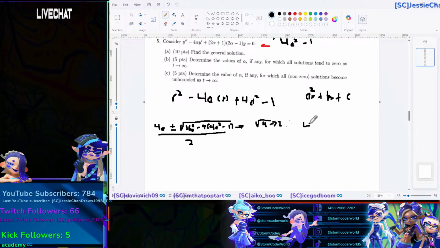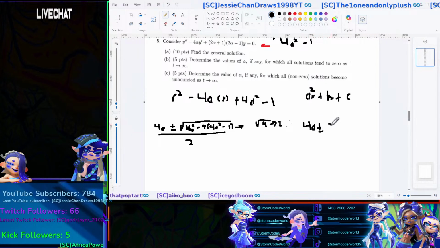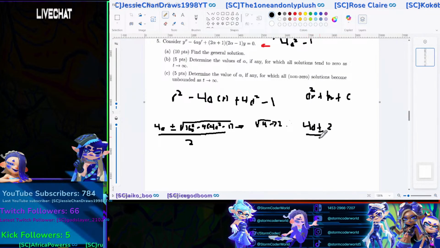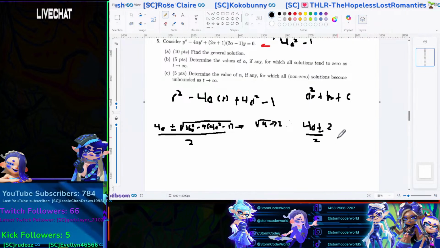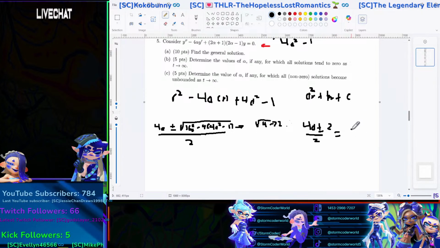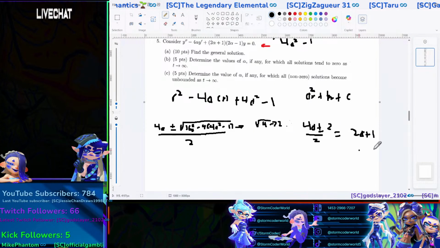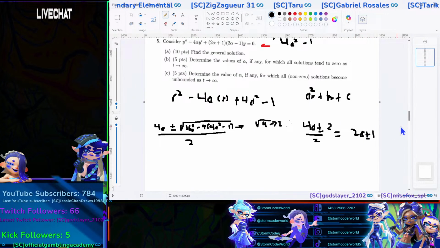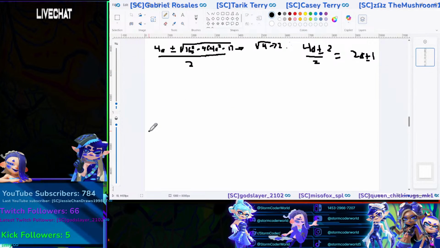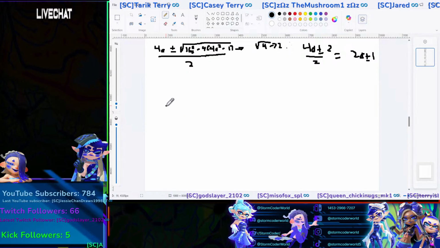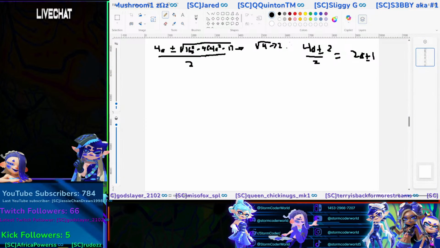So now I will get 4a plus or minus 2 over 2, which can be simplified further into 2a plus or minus 1. So those could be my roots. And in these cases, these are not repeated roots. These are different roots. So the general solution here would actually be pretty easy to figure out.